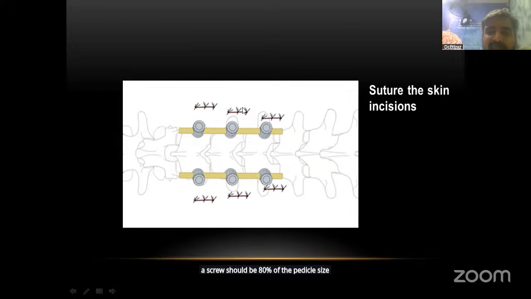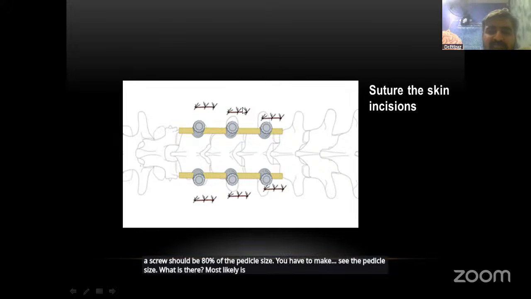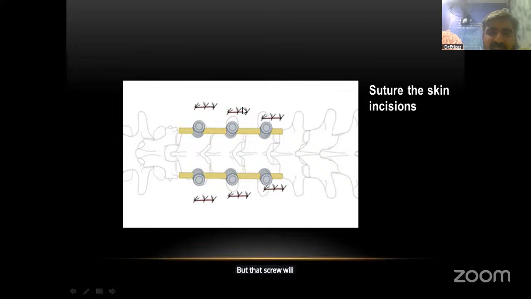You have to see the pedicle size. Most likely 4 to 4.5 mm screws are used, but that screw will be 80% of the size of your pedicle. It is a rough idea you can make.